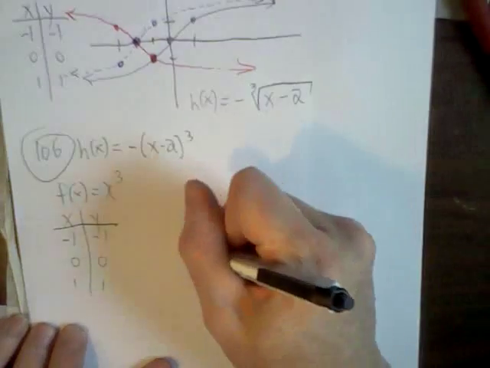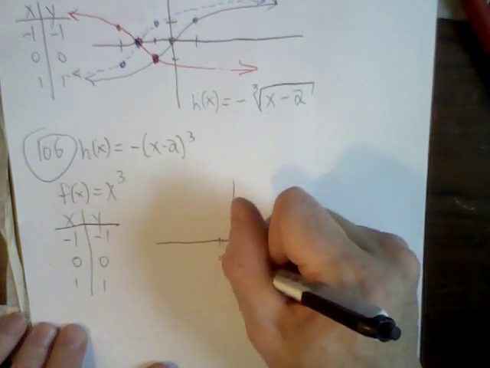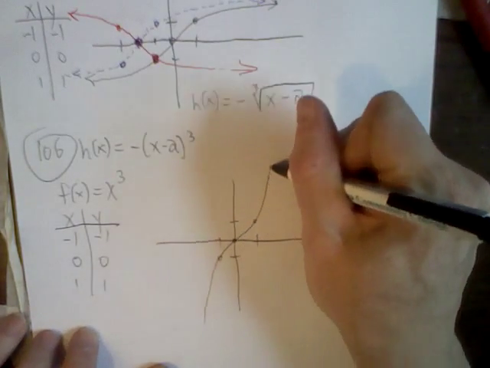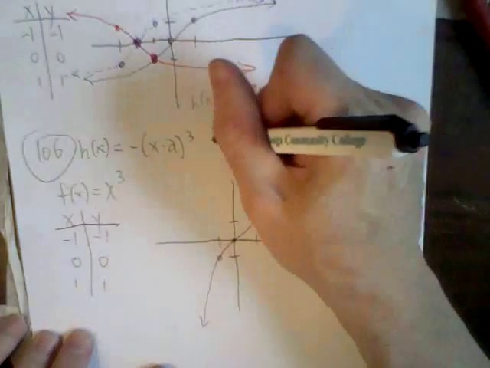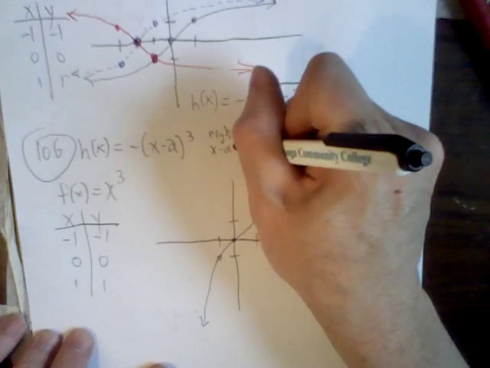So let's draw that. And actually, it looks like this, right? Sorry about that. Okay, so again, we want a right shift of 2 and then an x-axis reflection.